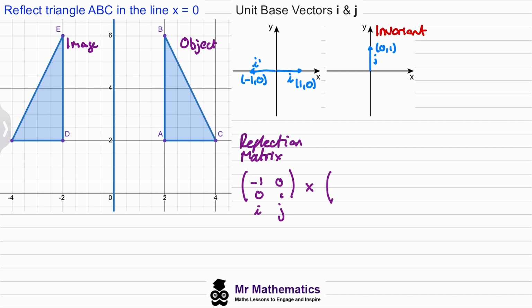So if we look at coordinate A, this has an x value of 2 and a y value of 2. We'll look at coordinate B. This is an x value of 2 and a y value of 6. And coordinate C, an x value of 4 and a y value of 2.